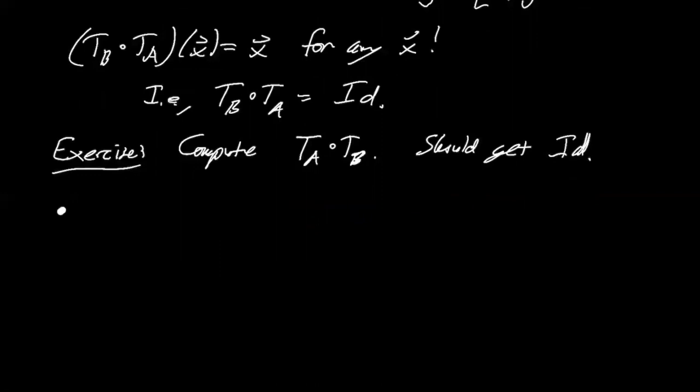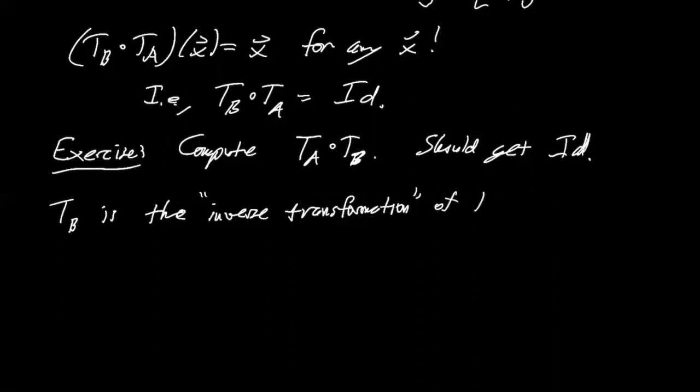T sub B turns out to be the inverse transformation. There's only one. It is the inverse transformation of T sub A. It undoes whatever T sub A did.